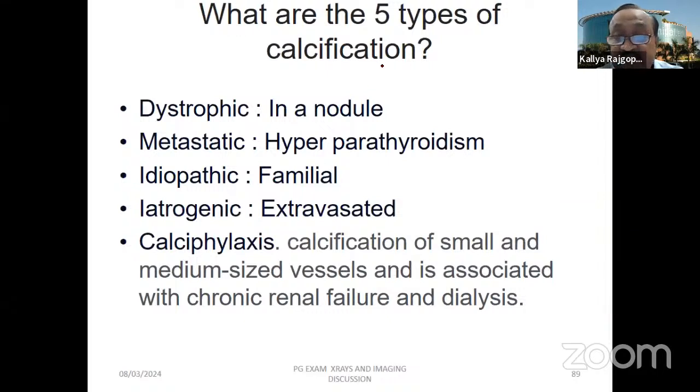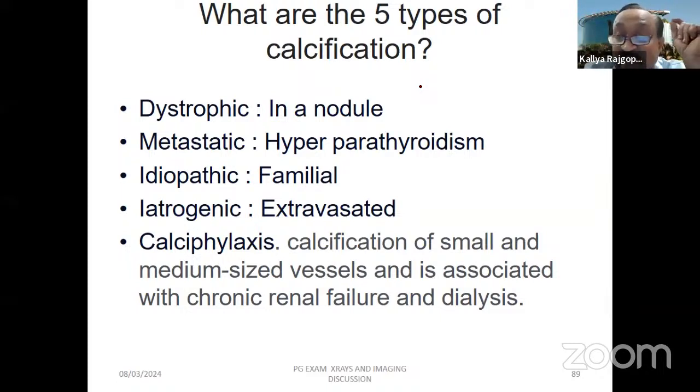Now, this is not related to breast calcification, but examiners, as I mentioned to you, tend to deviate and try to check your knowledge sometimes. What are the different types of calcification? As you know, in a classical thyroid nodule, there could be a hemorrhage, or it could be long-standing, and you call it a dystrophic calcification. Hyperparathyroidism is the one disease where there is a hypercalcemia, and you get a metastatic calcification.